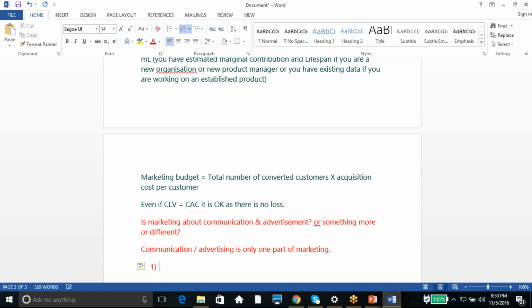So, one is identifying the right target audience for the product. Okay. Second is creating the value proposition for the target audience to derive the value.